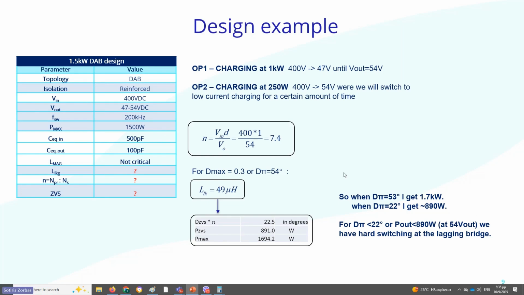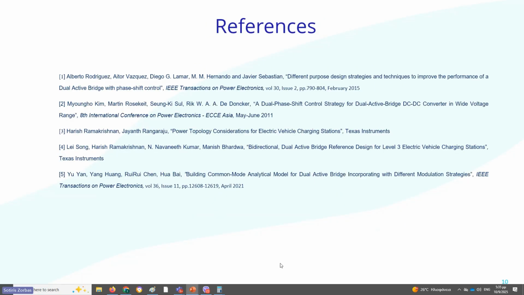I think that's it for the presentation. We have here the references for you to take a look. Exceptional work, especially the first application. If you take a close read at this one, you'll see more details about dual phase shift as well.